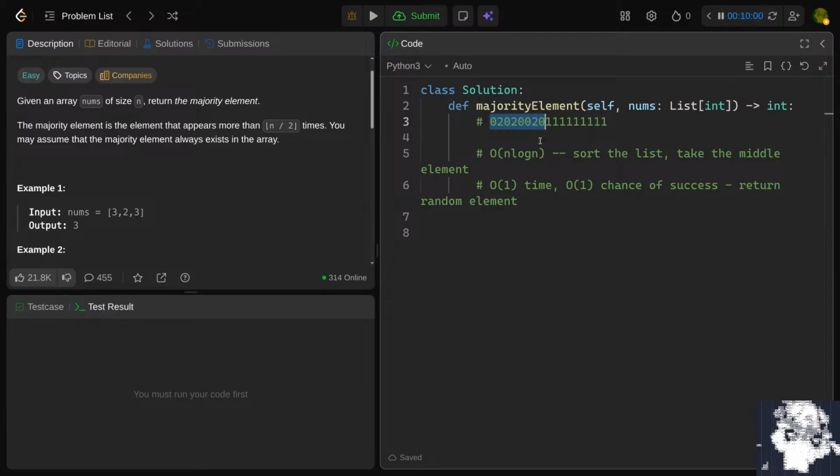You don't know if any of the stuff you've seen so far at the time that you get to halfway through the list is going to be your majority element, so you'd have to, well, would you have to keep track of all of them, or can you forget some?